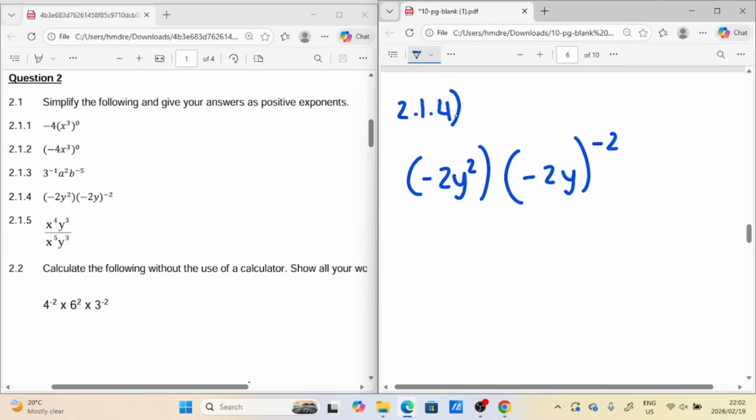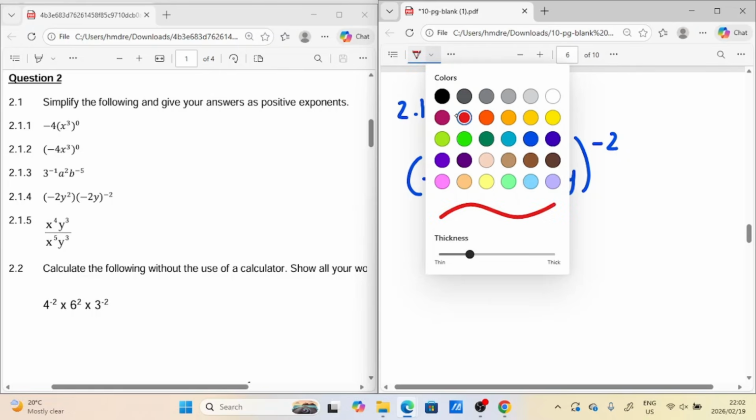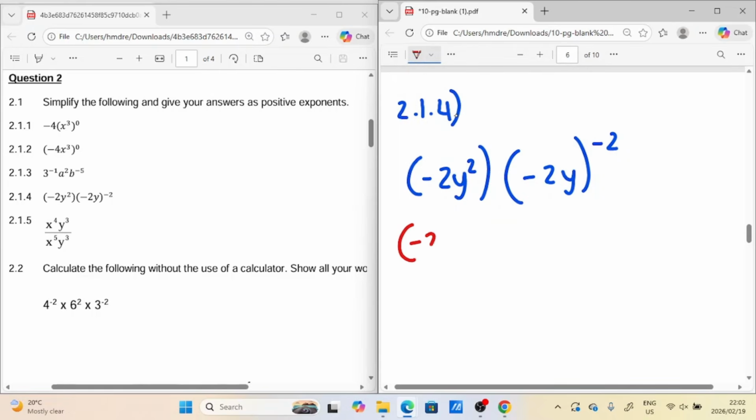So what we can do for this one, first of all, is leave the first term as it is, so minus 2y squared.